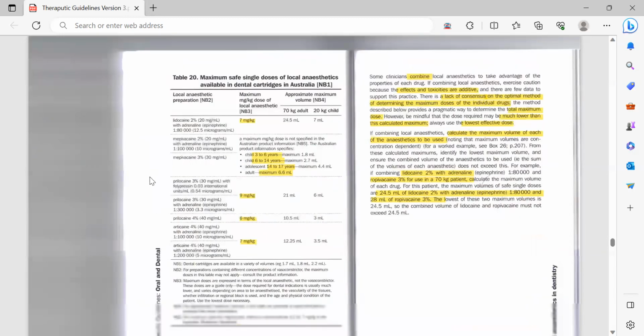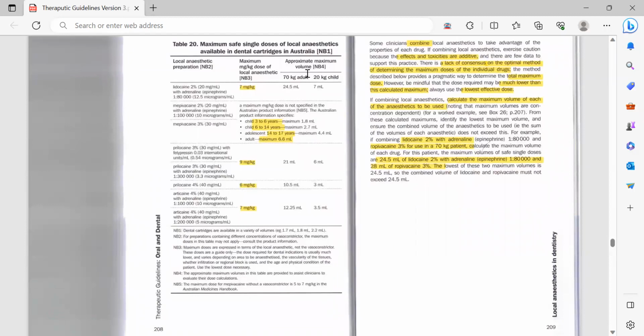Same as for prilocaine. For lidocaine, the maximum safe dose is 7 mg per kg. For prilocaine, it's 9 mg per kg. So you can do your calculation. First, you need to multiply it by the patient weight, which is 9 into 70. You will get the dose for the patient's weight.